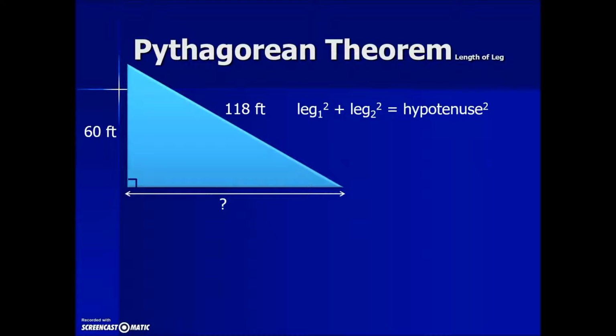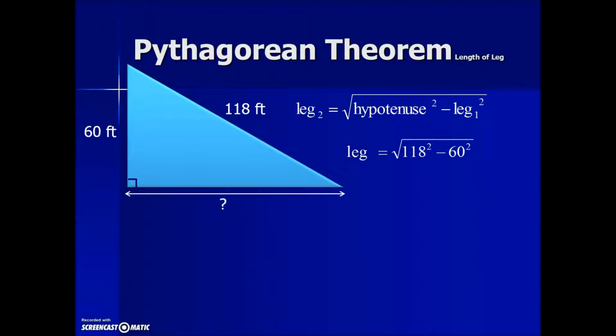Rearranging the Pythagorean theorem gives us this formula, where we're going to work on the right-hand side, replacing the hypotenuse with the value from this problem. It needs to be squared, 118 times 118, minus the one leg that we know, 60, which needs to be squared. The result is 10,324 after subtracting the squared leg from the hypotenuse squared.